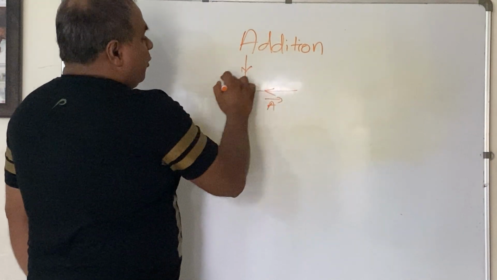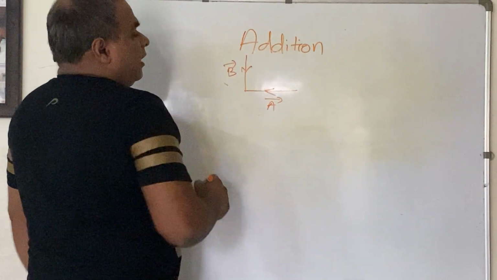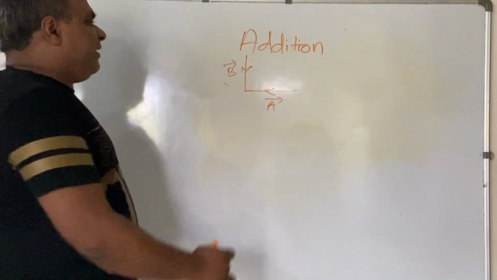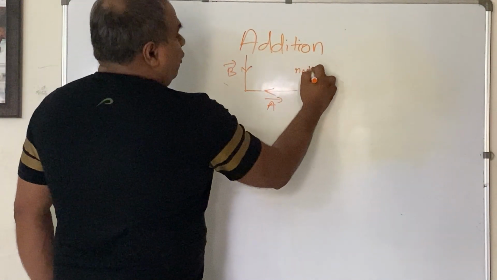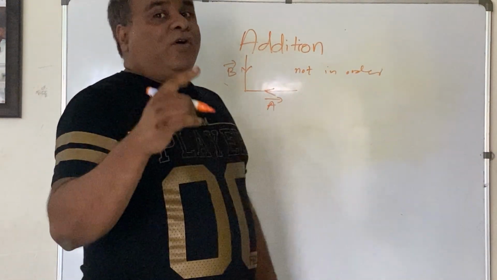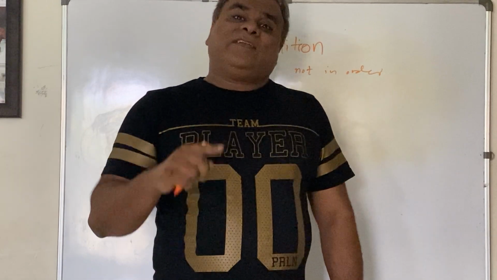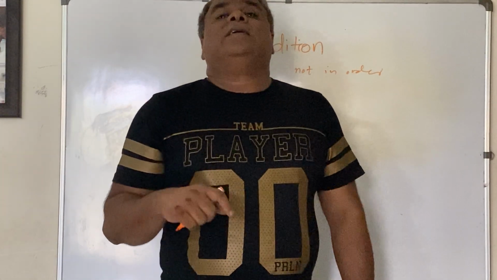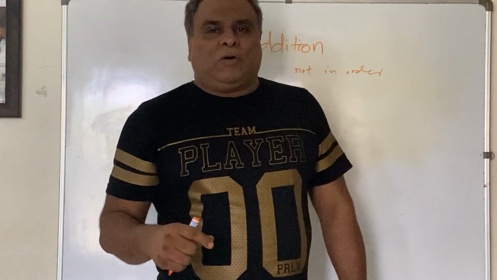Vector A is clockwise and vector B is anti-clockwise. Then they are not in order. So if they are not in order, we will go for parallelogram law. If the vectors are in order, we will go for triangular law.